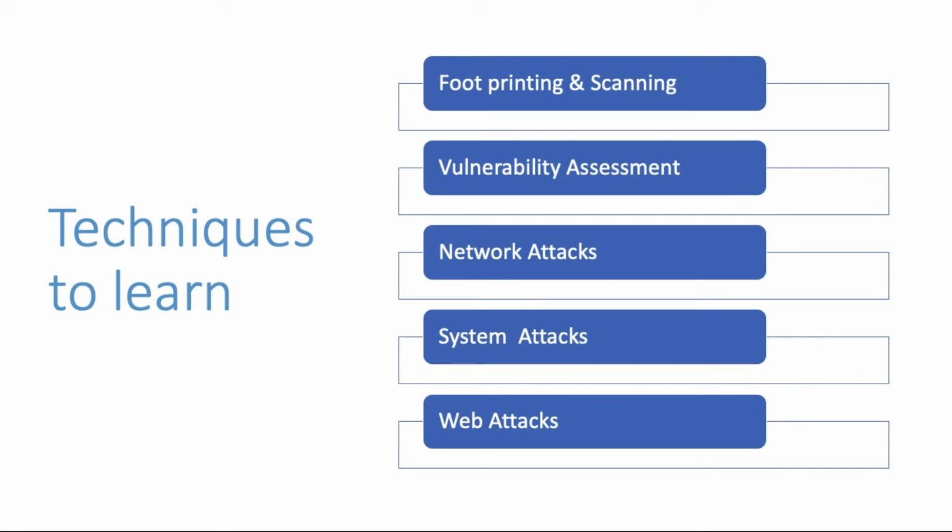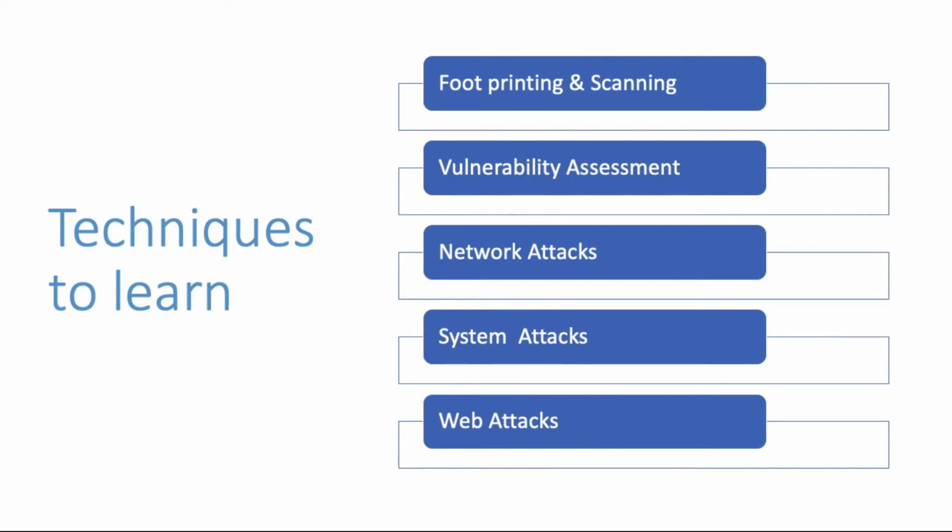These are the techniques you have to learn for the eJPT exam. For example, in footprinting, you will learn Nmap and other scanning tools to identify available hosts in a network, or whatever assets are available in a network. Then you will find out what services are running on those assets, and what service versions are running.